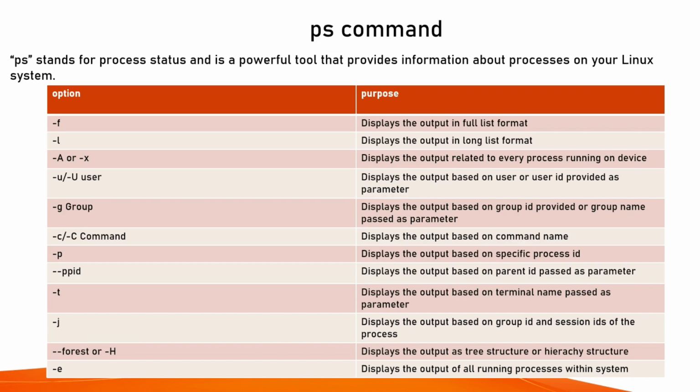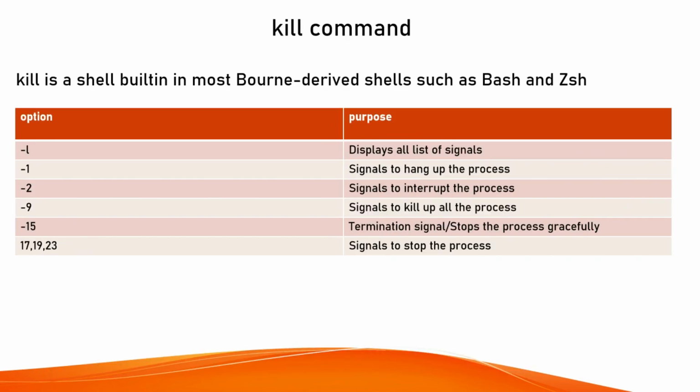Moving to the next important command, we have the kill command. As the name suggests, the kill command is used to terminate, interrupt, or stop processes, which can be done by passing the process ID.